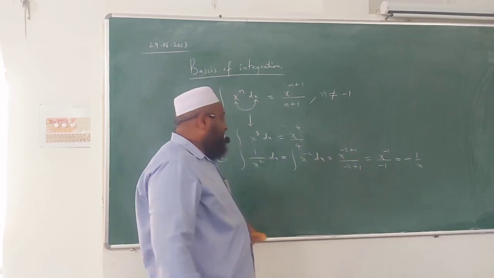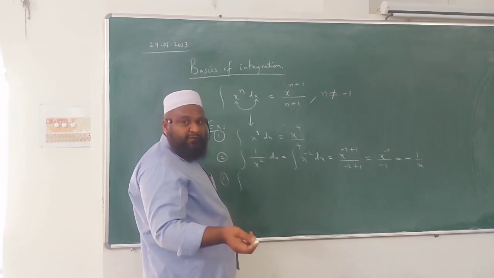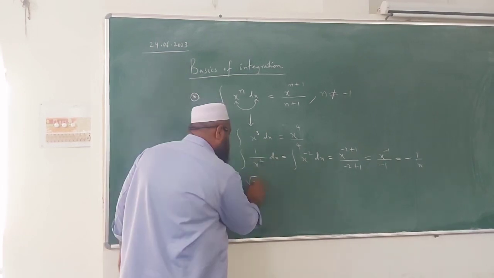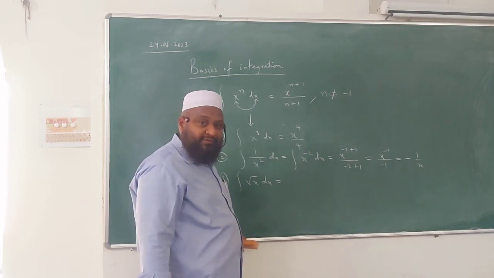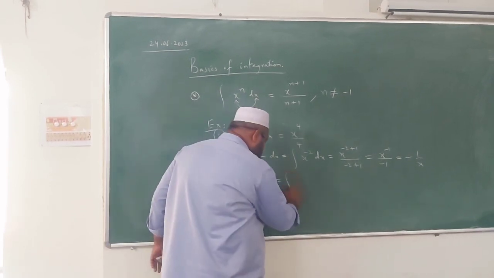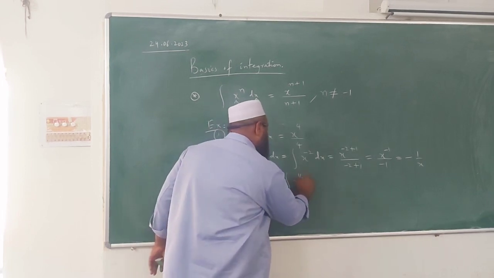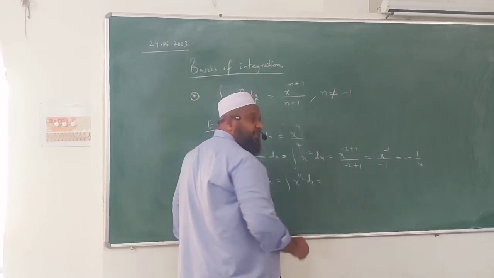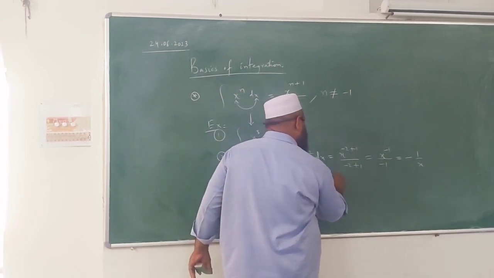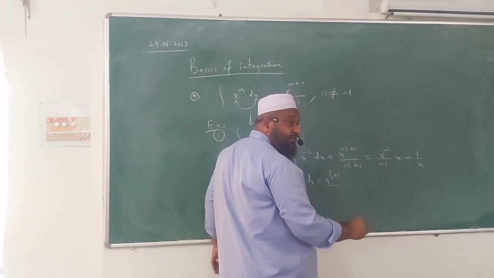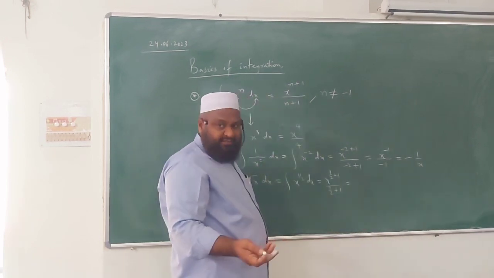Okay. Now the third case, with a fractional power, for example, root x dx. What is it now? The integral of x to the power of 1 by 2 dx. Now that is good: x to the power of 1 by 2 plus 1 divided by 1 by 2 plus 1. 1 by 2 plus 1 is 3 by 2.